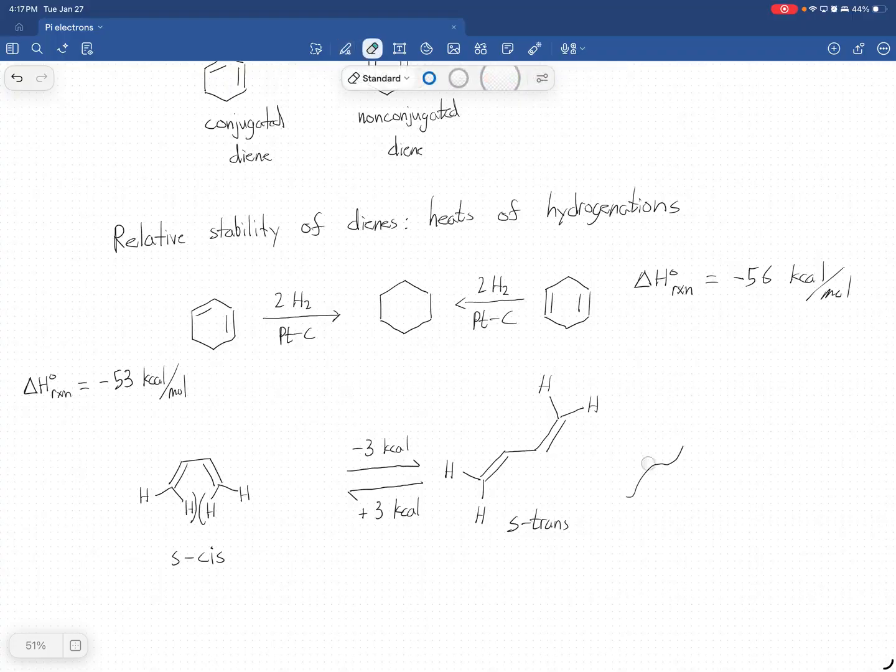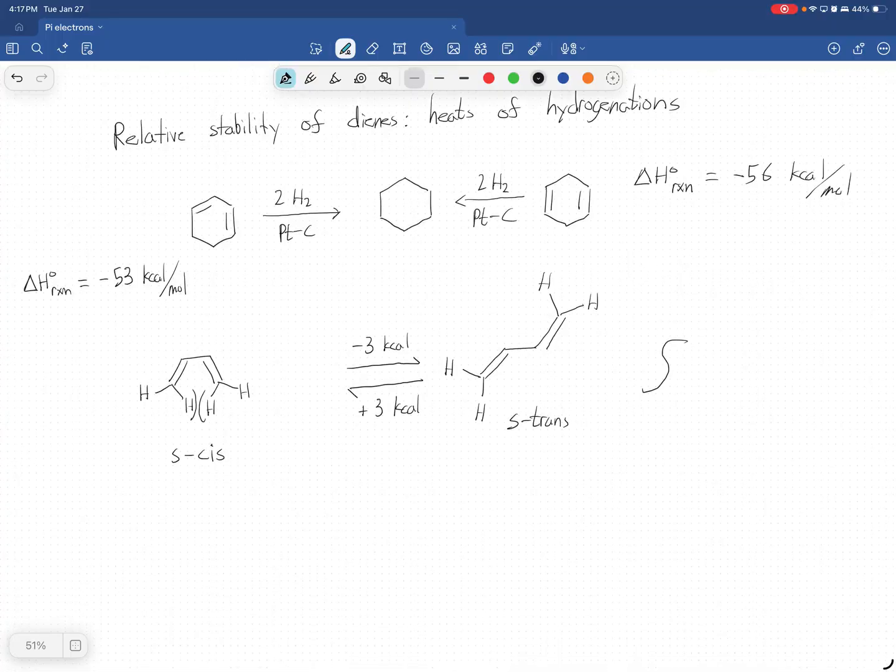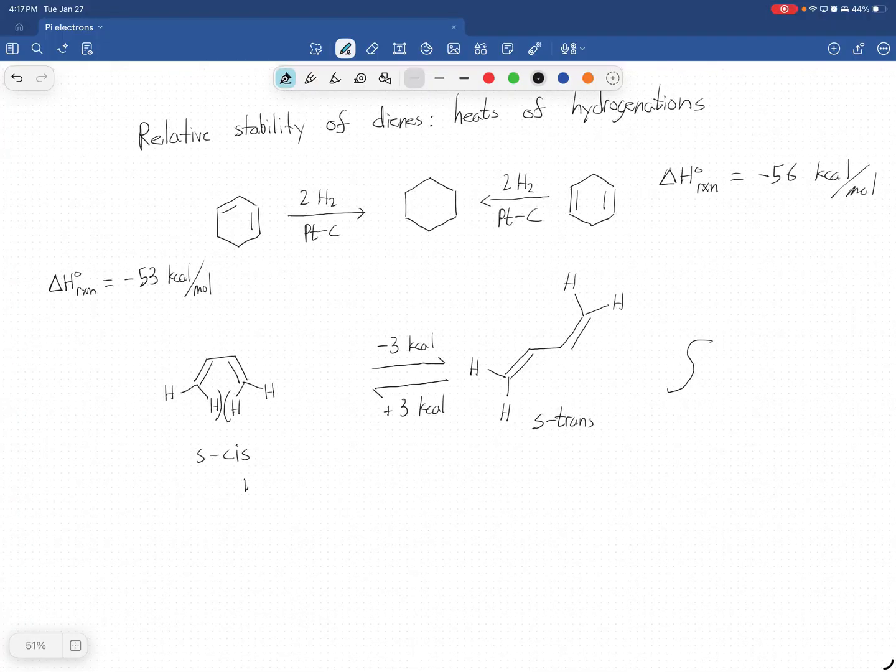Okay, that's a bad S. It kind of looks like an S in some ways. So that's why we call it S-cis, S-trans. You don't really need to write that down. All right, so these two, the relationship here. Remember when bonds rotate, what do we call that?